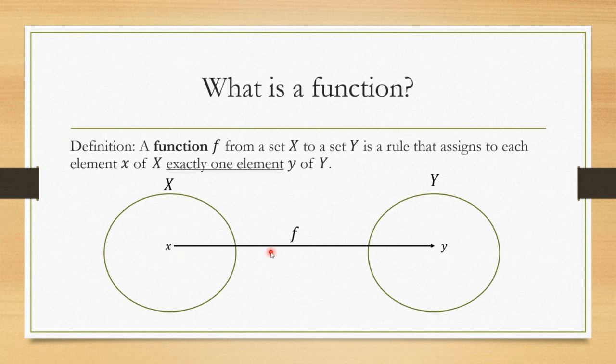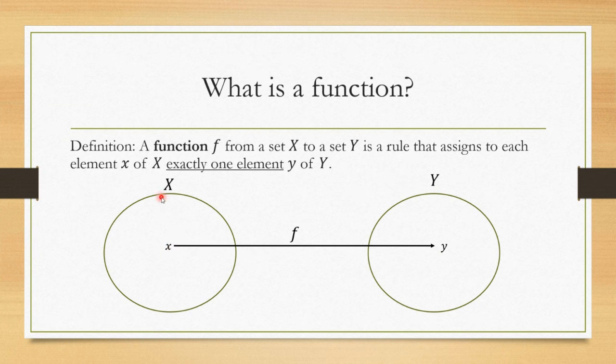So a function is a rule that's taking each element from the first set, capital X, and assigning each little x, each element here, to exactly one element, little y, in the second set. So little x and little y are just elements in the sets capital X and capital Y respectively.